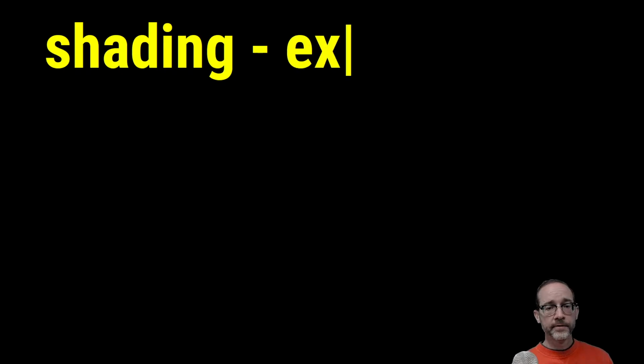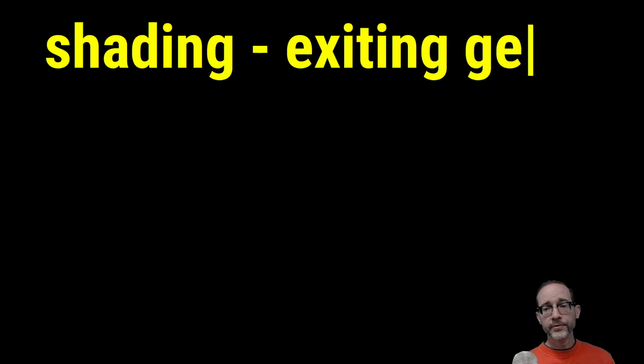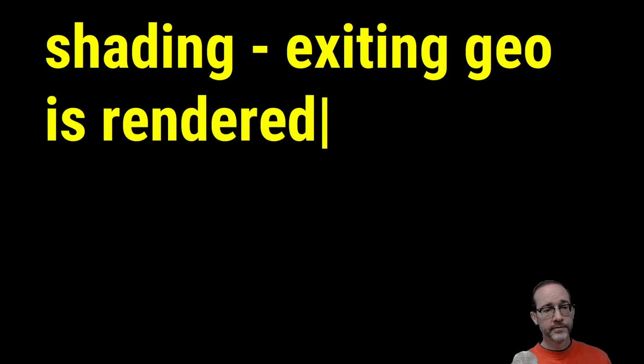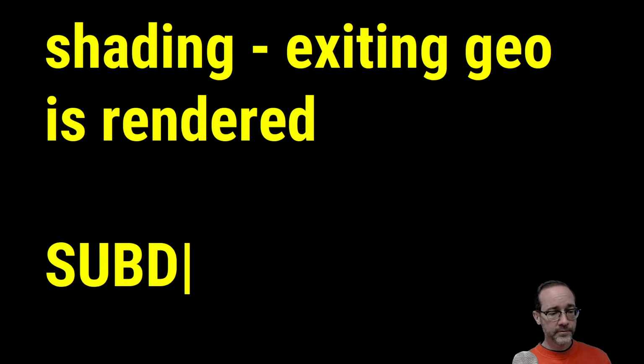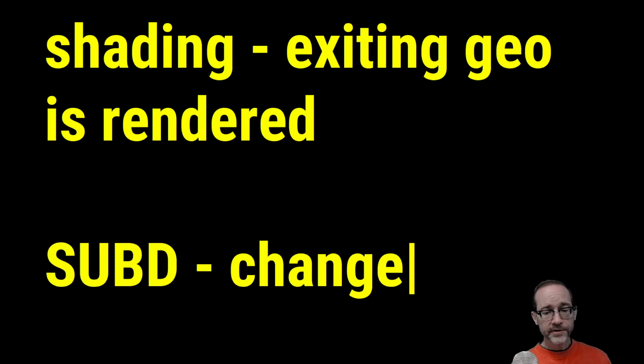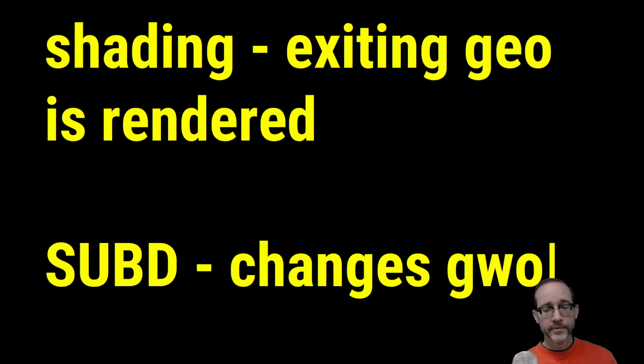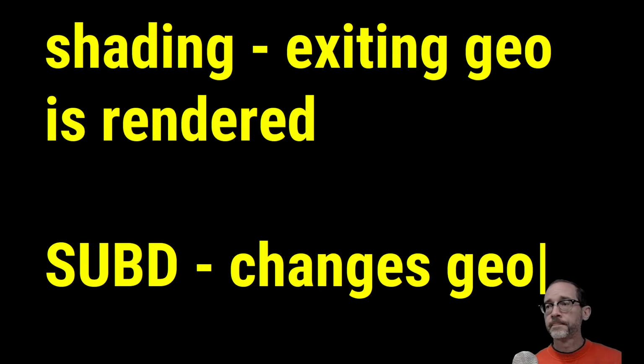Shading is how the existing geo is rendered. Sub-D changes the geo. So we're using sub-D to be able to manipulate the actual shape of the object.